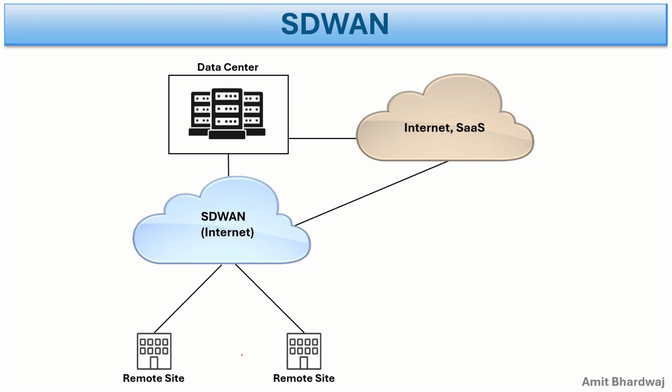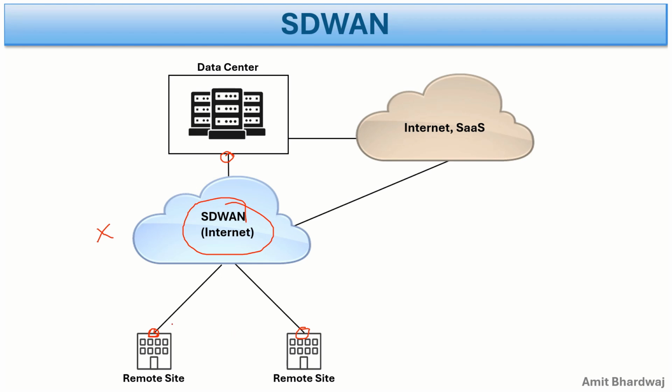Here we have the SD-WAN which has been implemented instead of the MPLS. So MPLS is removed and SD-WAN has been set up here, and there are some special types of CPEs for SD-WAN which are implemented here.